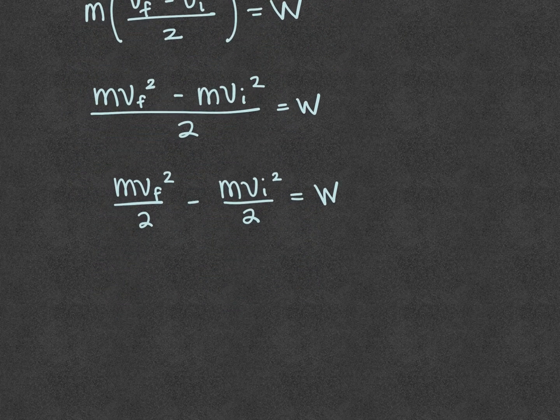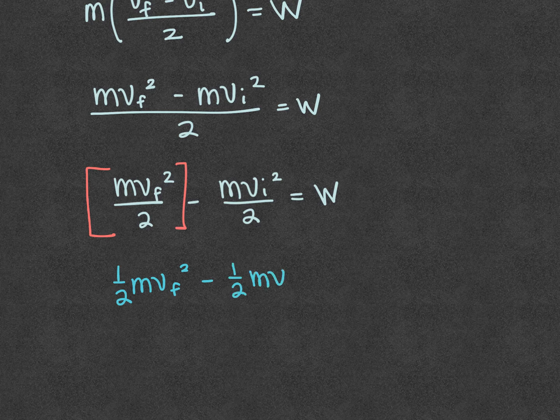And notice this begins to look familiar. So m v squared over 2 is the same as 1/2 m v final squared. And then I would have minus 1/2 m v initial squared, and that would be equal to the work.